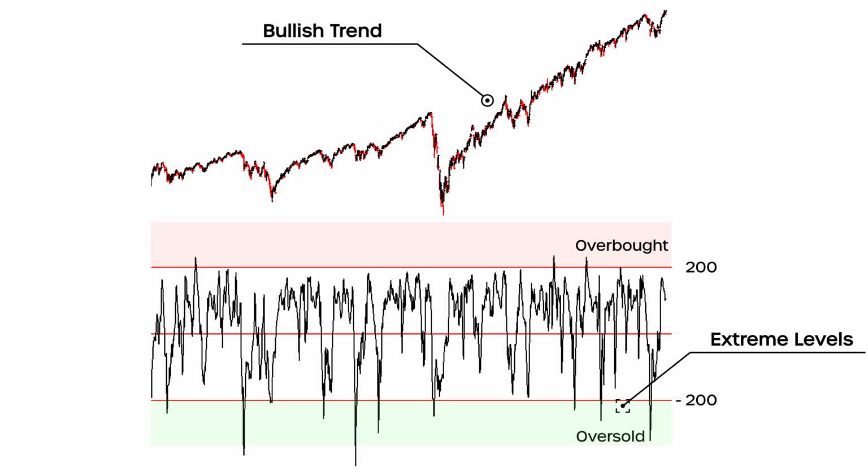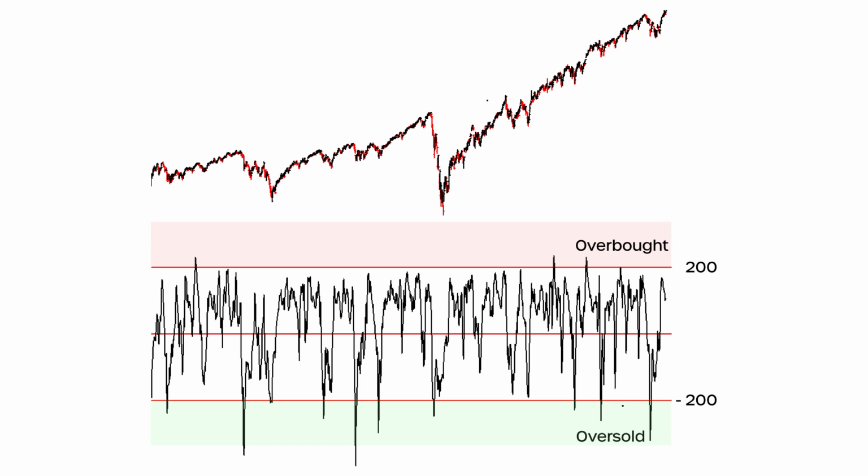For the last 10 years, the overbought levels on the CCI have not worked as well as the oversold levels. So do not fight the overall trend of the market. If we are in a bull market, be cautious on the shorts, but extreme oversold levels on the CCI are a buy.